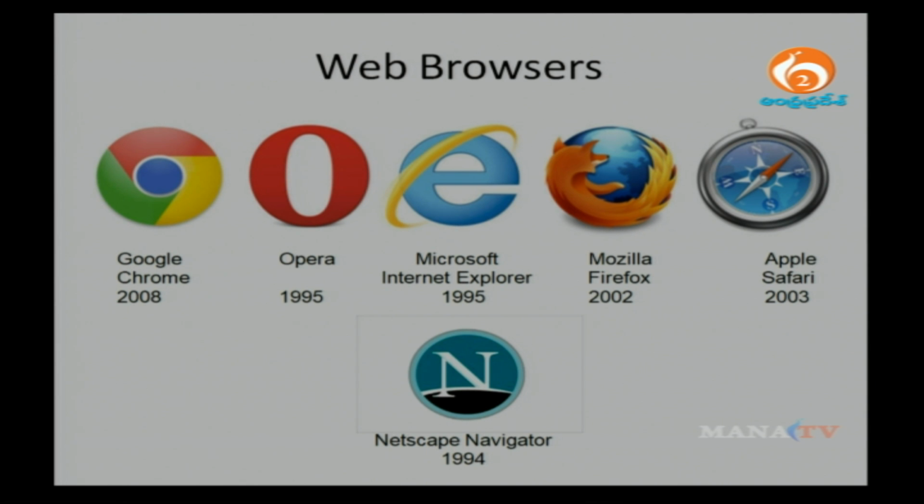Mozilla Firefox is another web browser which we are using, and Apple Safari, which came into existence in 2003. The last one, but not the least, Netscape Navigator. This has been in the market since 1994.